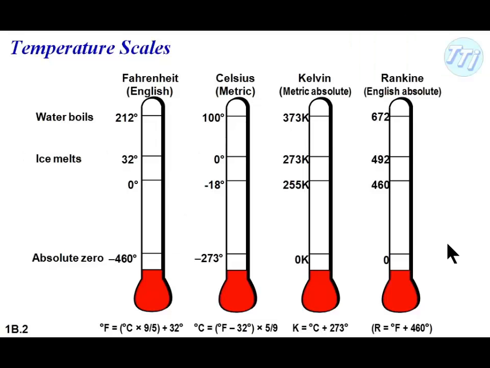So just a review of the temperature scales. This is a nice chart that shows, everybody's familiar obviously with the Fahrenheit and the Celsius scales, and then we have what are called the absolute temperature scales.